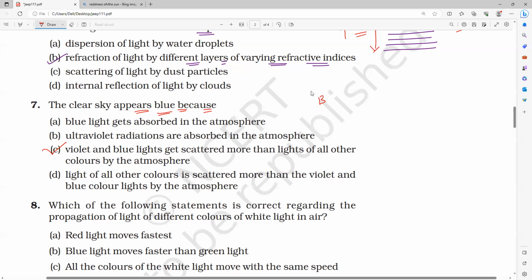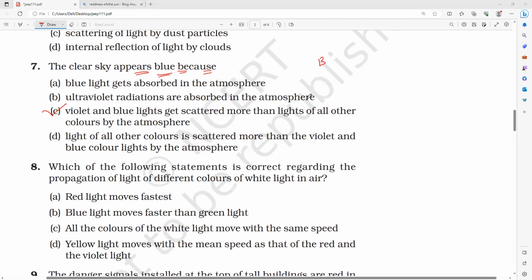Violet and blue lights are scattered more, but our eyes are sensitive to what color? Blue color. That is what you have to remember. Mr. Nimis, are you there in the group meeting? So option C is the correct one. Blue light and violet light will scatter mostly. Okay, write it, option C.